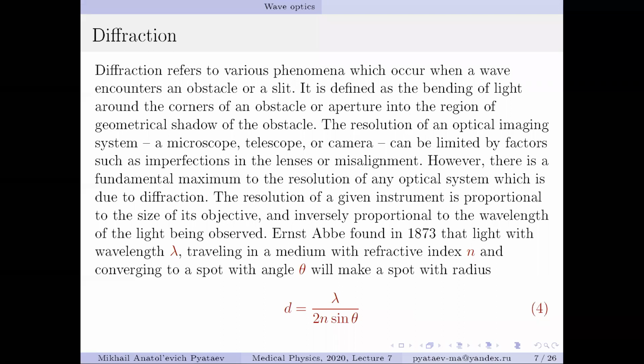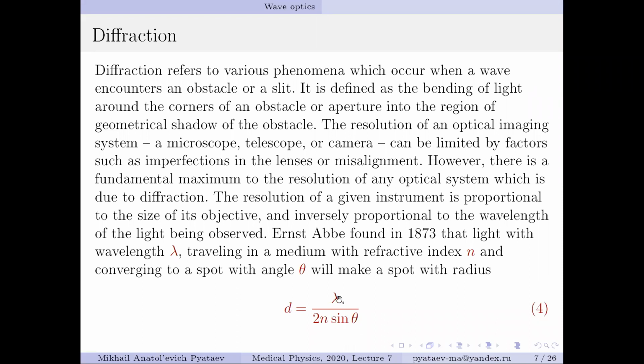The resolution of a microscope is limited by this Abbe equation, and this d is the small distance between objects which can be seen as separated objects. There is a diameter of a spot produced by a point source of light on the image obtained by the microscope. So this diameter cannot be zero, and it is defined by this equation.